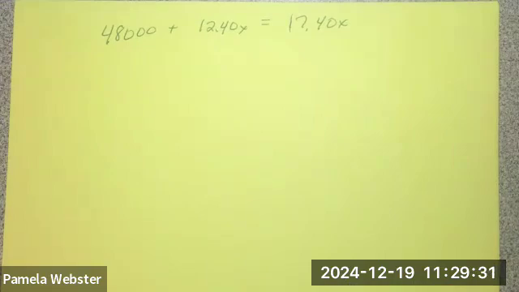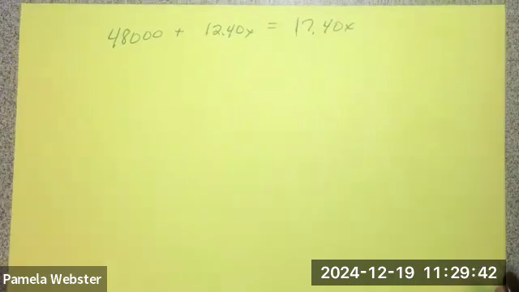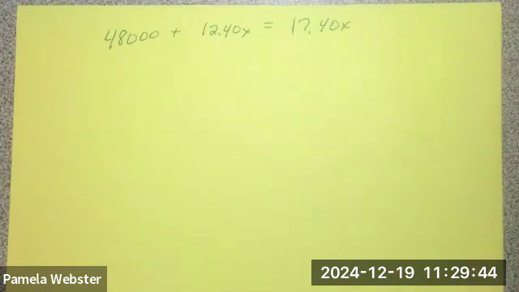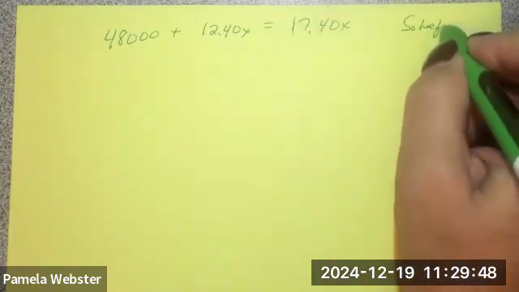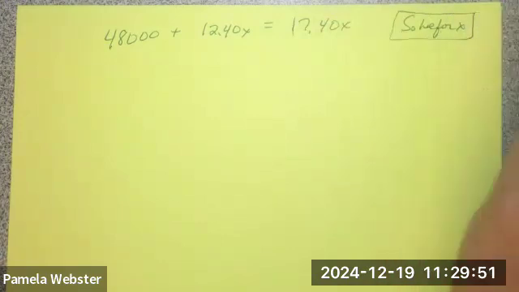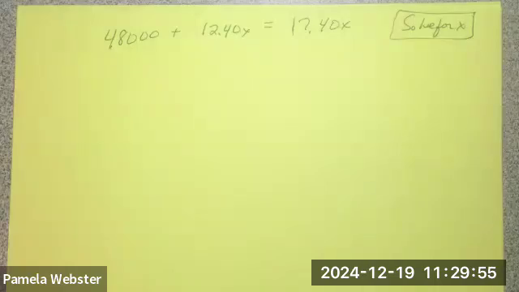Now I'm trying to find the break-even point. That's a matter of finding out how many computers I need to produce and sell in order to break even: not get profit, but not have losses. So that means solve for X, right? That's in the back of Dr. Webster's brain. She hears solve for X, and so I will. At this point, I want to keep my numbers positive if at all possible.